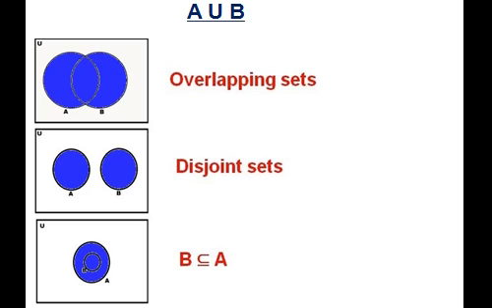The next category is A union B. So let us represent it using a Venn diagram. In the case of overlapping sets, if you see, both the circles are colored, including the common part.